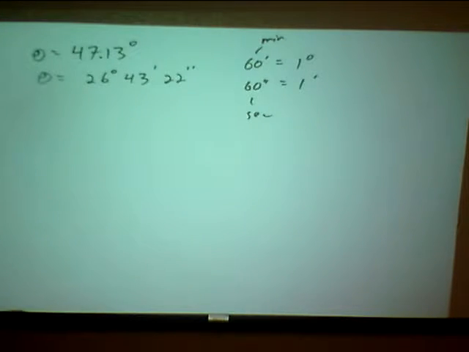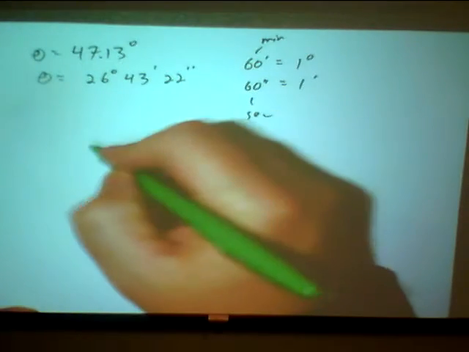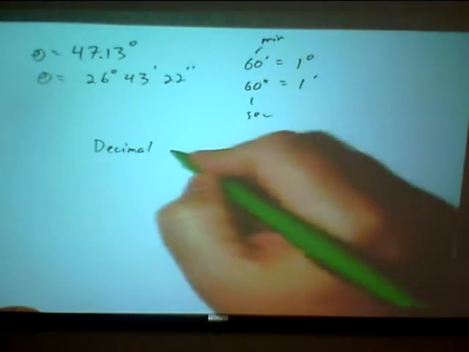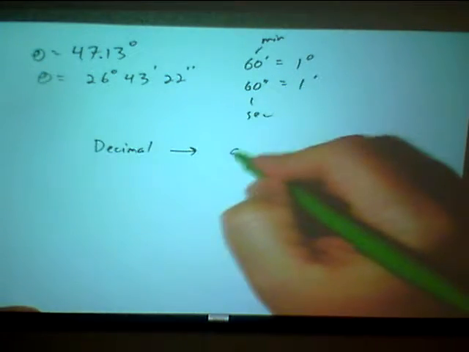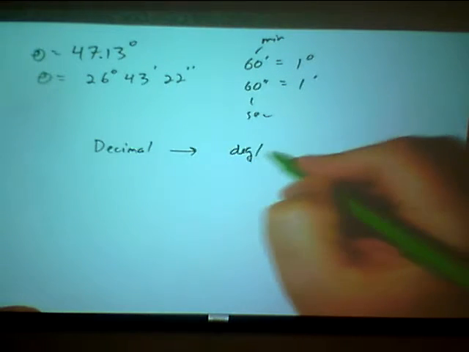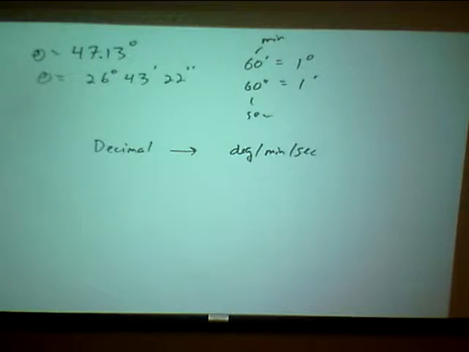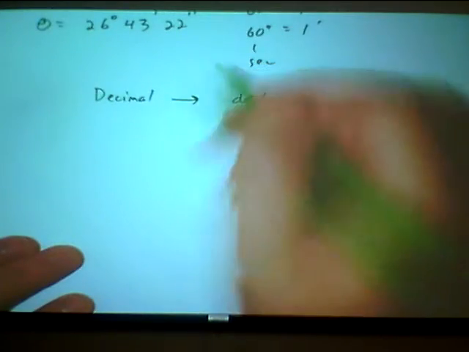First, let's look at the case where we have an angle written as a decimal, but I want to rewrite it in degrees, minutes, and seconds. So, here's an example.